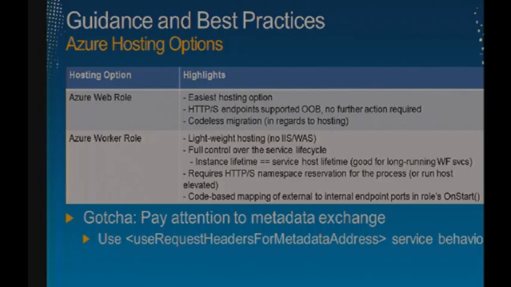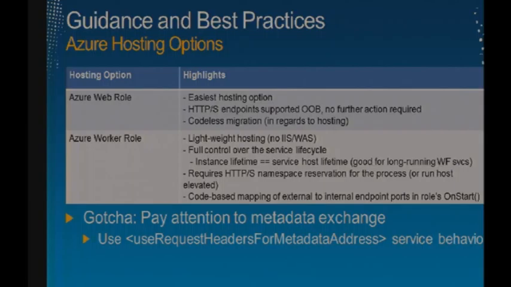So you need to have complete control over the service host lifetime in order to deal with long-running, persistable workflow instances. And this is exactly what a worker role gives you, in terms of exactly when you instantiate the service host class and when you shut it down, and naturally you are going to do that just on role instance startup and shutdown, so that effectively the instance lifetime becomes the service host class instance lifetime.